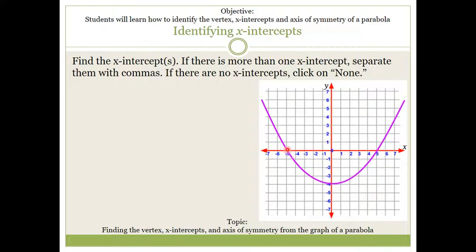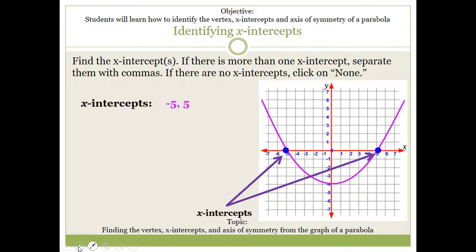So here we're looking for where the graph is coming in contact with the x-axis, right here in this case, and here. Alright, so we say that the x-intercepts for this parabola are at -5 and +5.